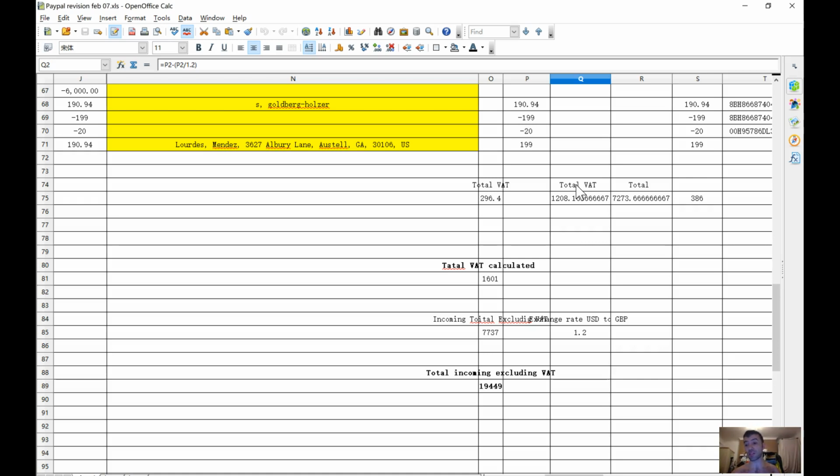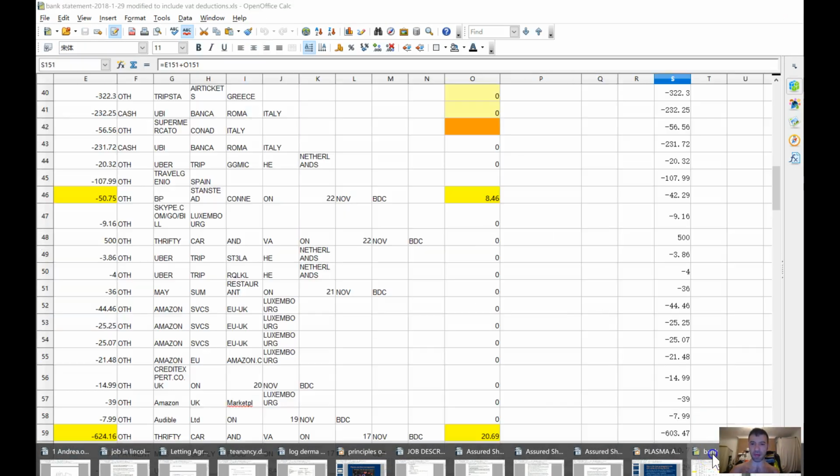And then we've got to manually work out how much VAT is being given out through purchases, and this is done by looking at each individual invoice or receipt, which, if you're doing this job, we're going to take pictures of and send over to you. You're looking at them and making that calculation. Normally they're split in two types: the cash ones and the ones using the card, which you find in the bank statement here.